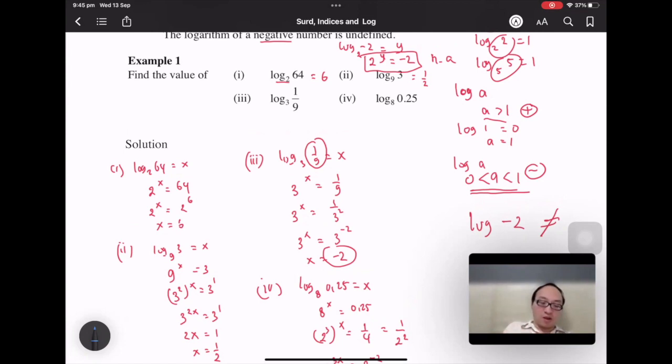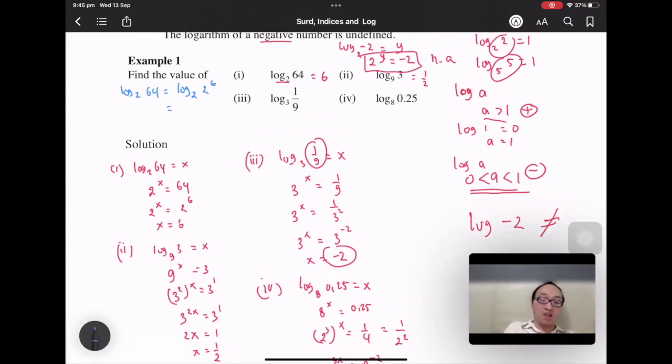We can change this using the law. I can rewrite it as log 2 of 2 to the power of 6.